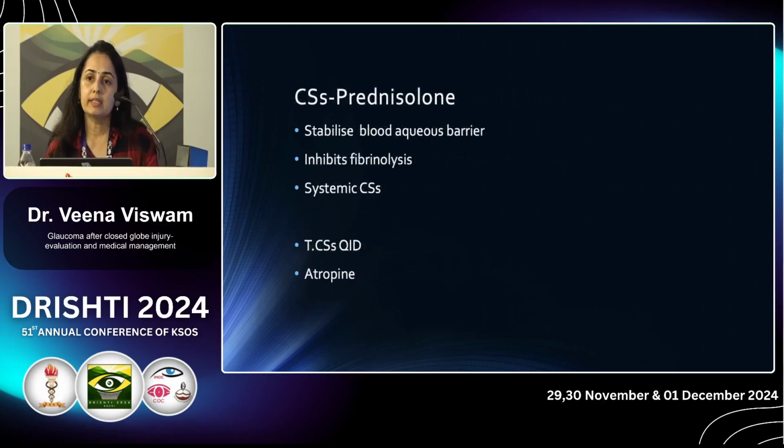Corticosteroids, prednisolone, have an important role. It stabilizes the blood aqueous barrier. Topical prednisolone has a role, but even systemic prednisolone is found to inhibit fibrinolysis. Even systemic prednisolone helps in stabilizing the clot and preventing rebleeding.